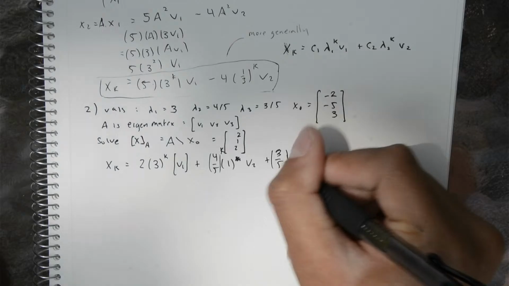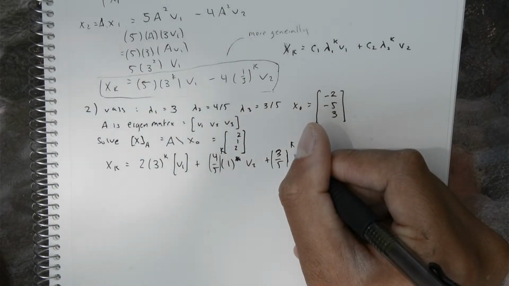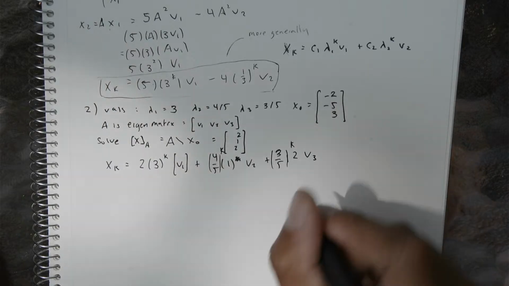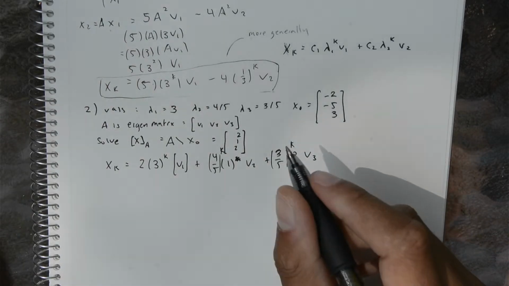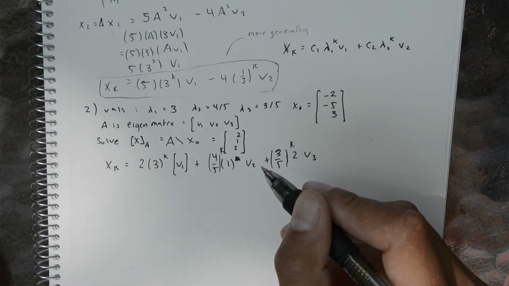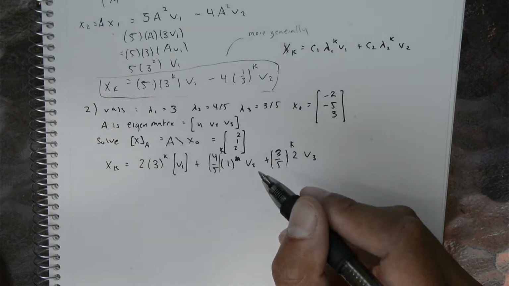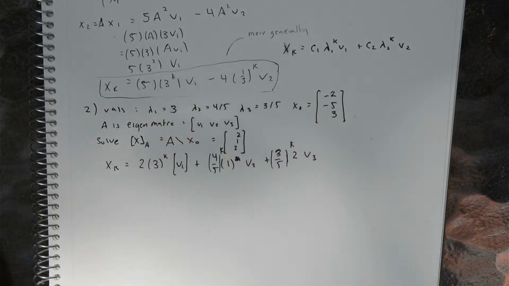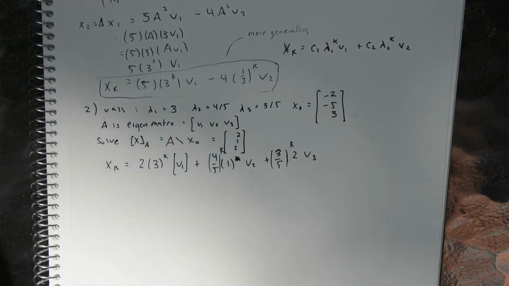This is to the k, this is 2, and this is v3. I did it right here, I just did it wrong here. Okay, cool. So that's that problem. Pretty simple stuff.